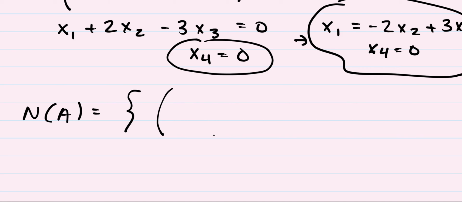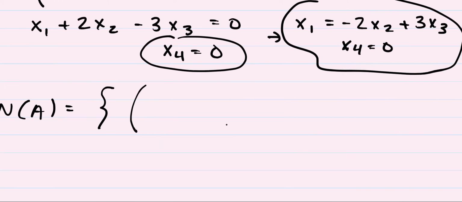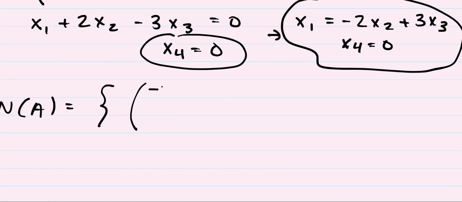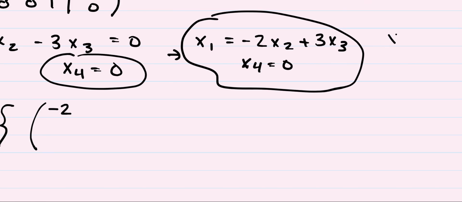We put 0 in for x4. x2 and x3 are free variables. Let's say x2 is r, and x3 is s. We can choose whatever we want for x2 and x3. However, whatever we choose for these will determine what x1 is, and x4 is always going to be 0.